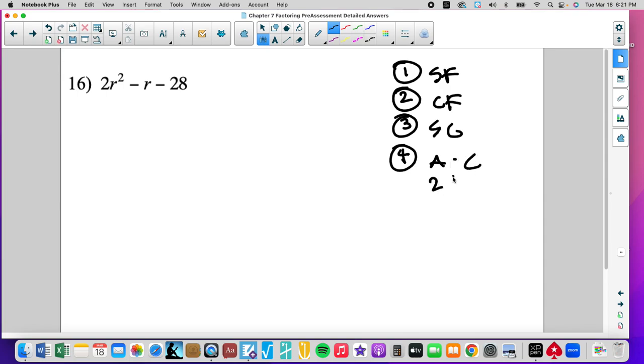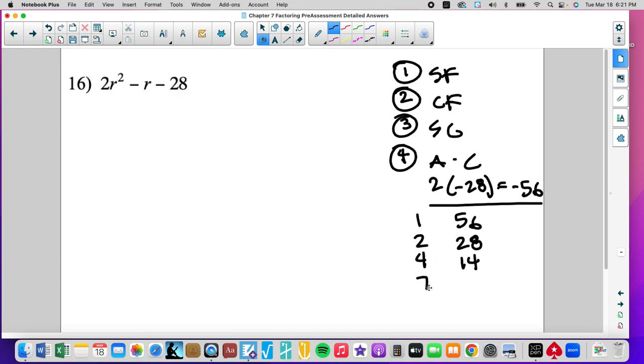A is 2. C is negative 28. 2 times negative 28 is negative 56. And we again have 1 and 56, 2 and 28, 3 no, 4 and 14, 5 no, 6 no, 7 yes, 7 and 8.